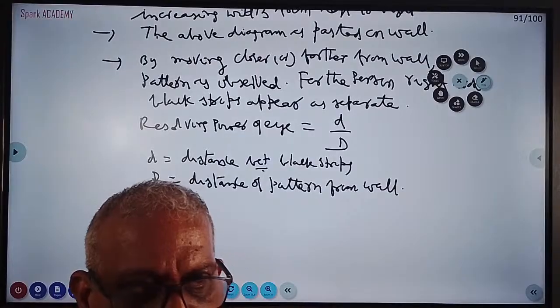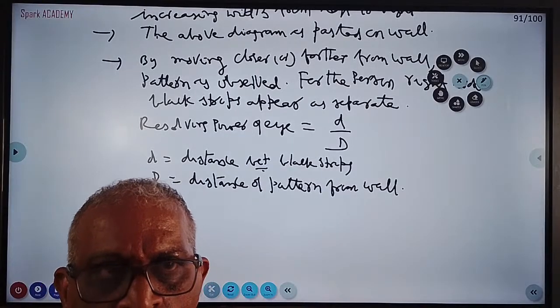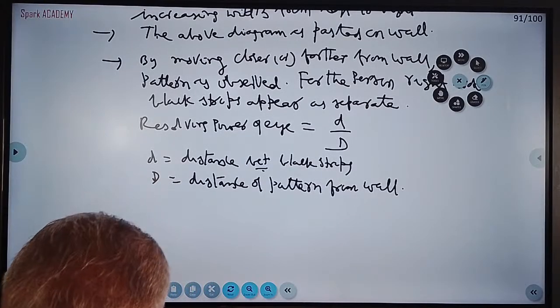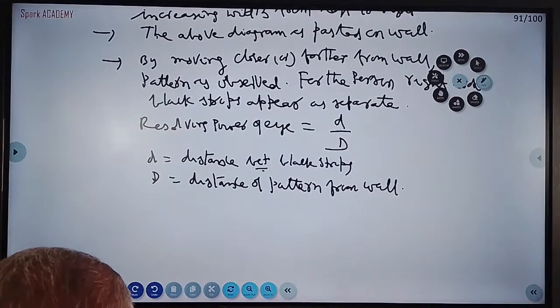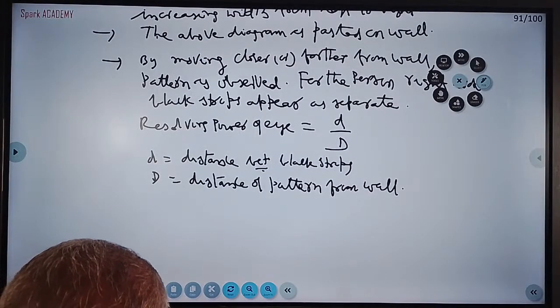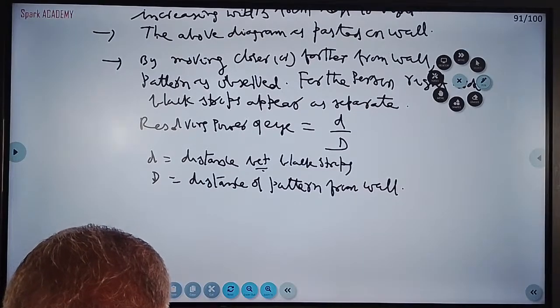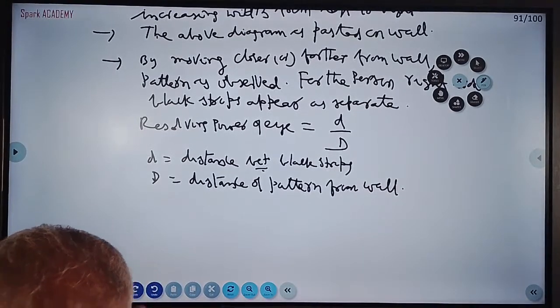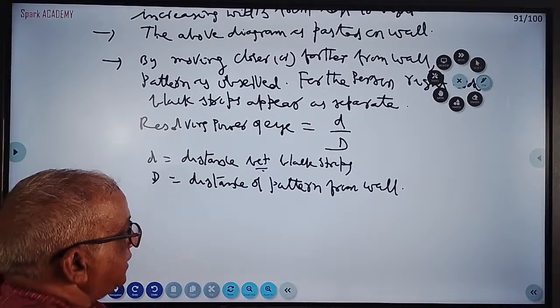Somewhere energy is lost, somewhere energy is gained, so total energy remains constant. That is theoretical; you can read it. Students, state the principle of conservation of energy in case of interference as well as diffraction. So now I am going to the next chapter, electric charges and fields.